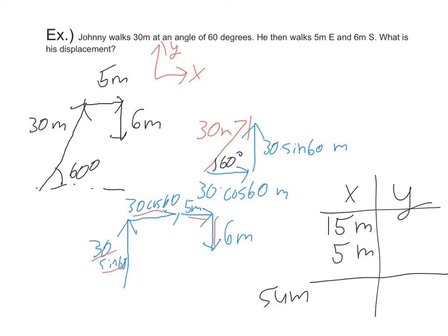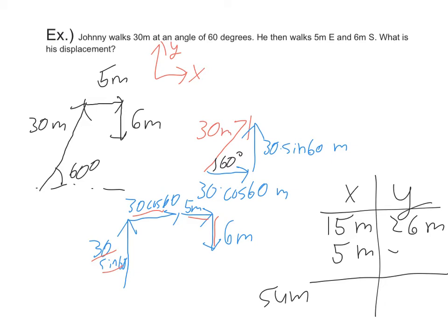And then in the y direction, we have two y components to keep track of. We have the y component of our original vector, and the math on that would be about 26 meters. And then the last y component to add would be the 6 meters south.